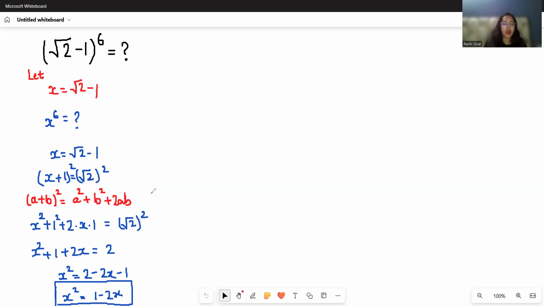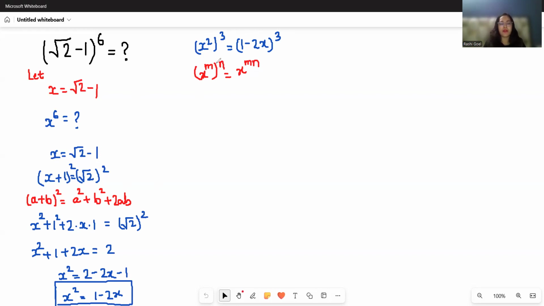Now I'm doing cube on both sides. So (x square) whole cube equals (1 minus 2x) whole cube, because we have to find the value of x power 6. So here I am going to use the property of exponent, that is (x power m) power n equals x power mn.